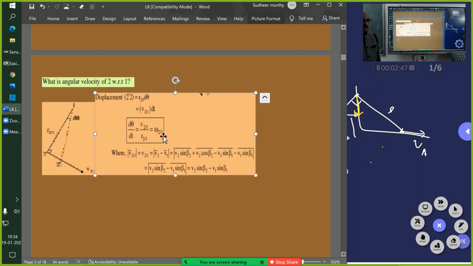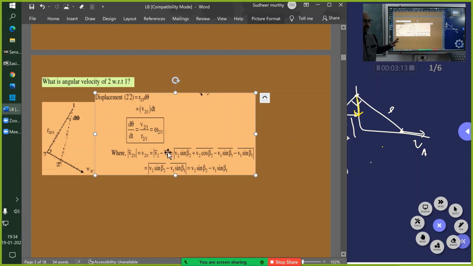That is equal to omega 2 with respect to 1. We are writing it here because we are using 2:1. So omega 21 is equal to so and so. And you can again write this equation in terms of sin beta, etc. This is already written. So you are able to relate it to omega.